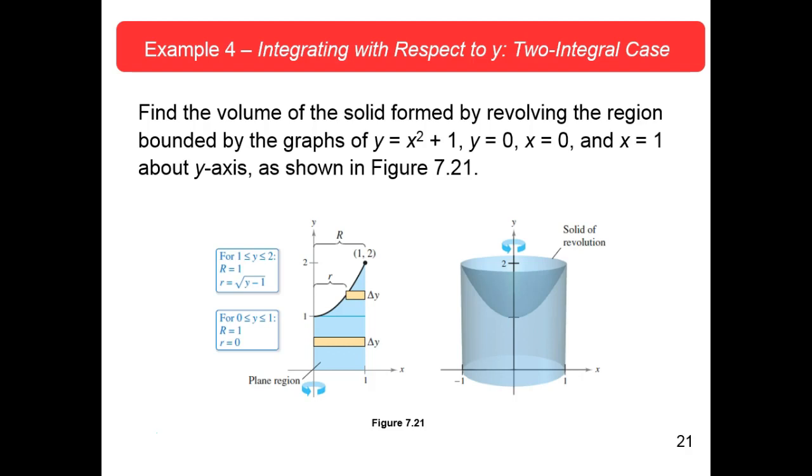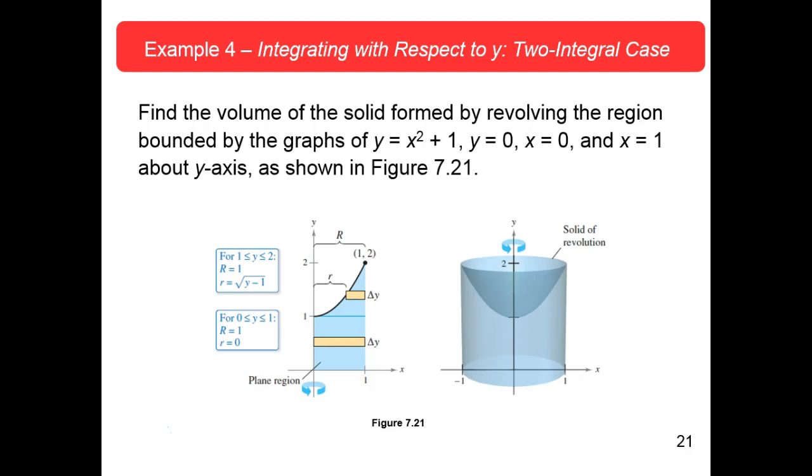Well, this is just a disk, just like we were talking before, radius of 1, width of 1. That's just a right circular cylinder, that part down there. This one, the outer radius is 1, the inner radius is this.